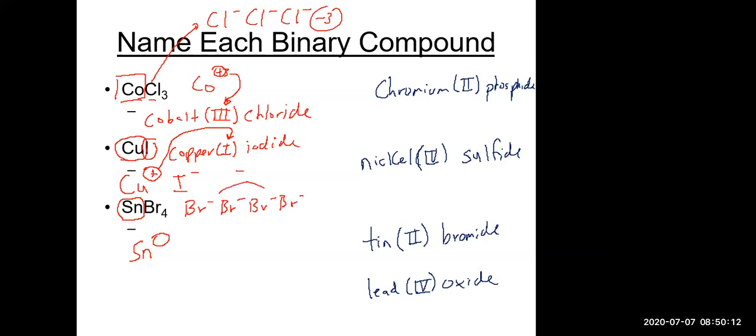All that together has a -4 charge for our Brs, which means, again, to balance it out, our tin has to be +4, which means this would be tin Roman numeral 4. And again here, even though there's 4 of them, no prefix, just bromide. Any questions on any of those names there?